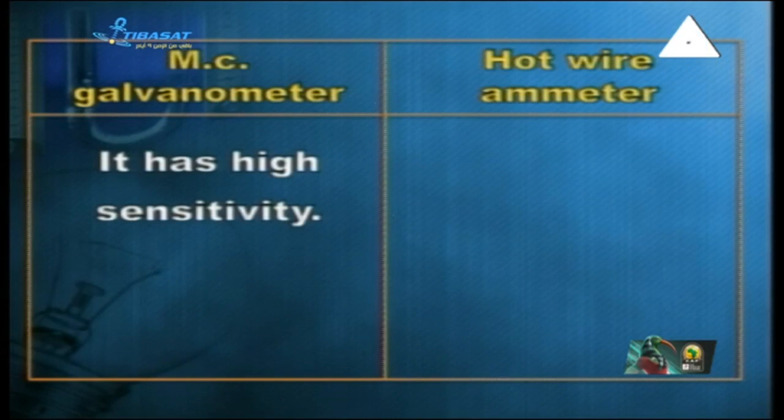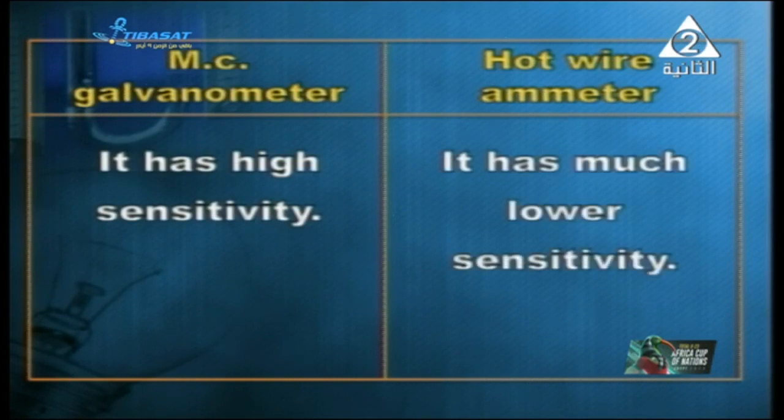The moving coil galvanometer has high sensitivity, but the hot wire emitter has much lower sensitivity.